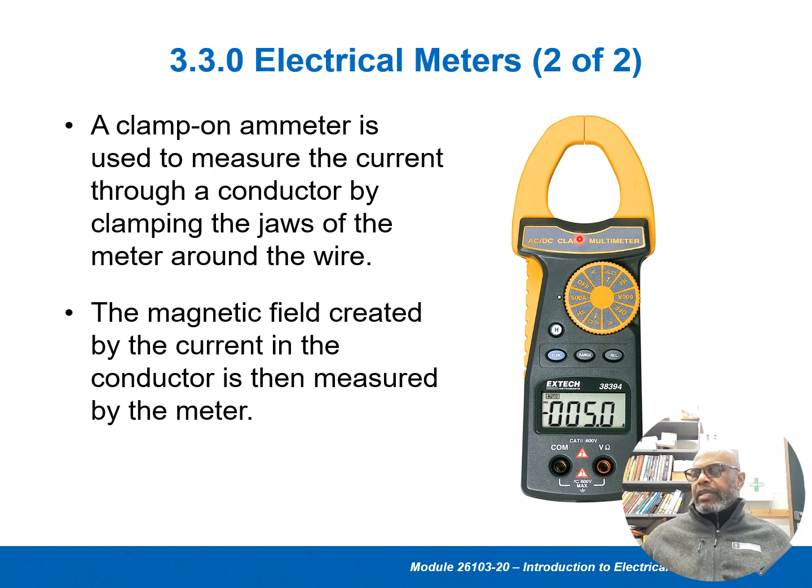Remember when I said that any wire with current going through it would produce a magnetic field. These jaws measure the amount of magnetic energy going through them and convert it to an amperage reading. So again, you do not have to remove any wires. You just clip it around one wire and read the current through.